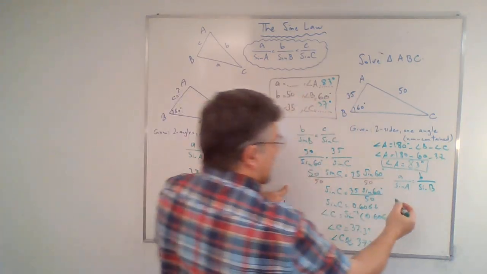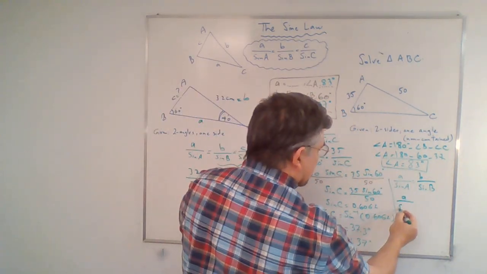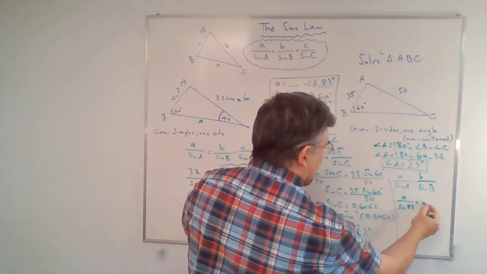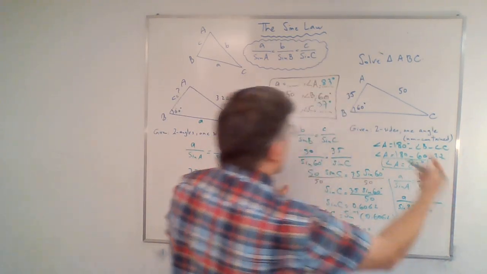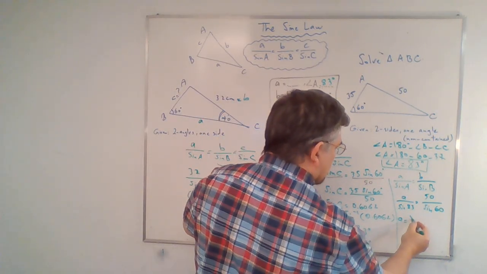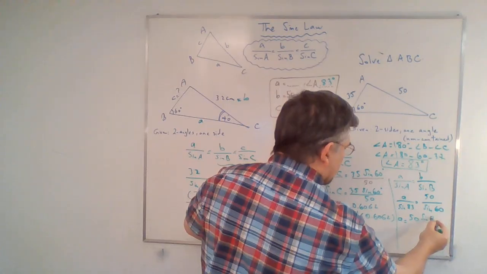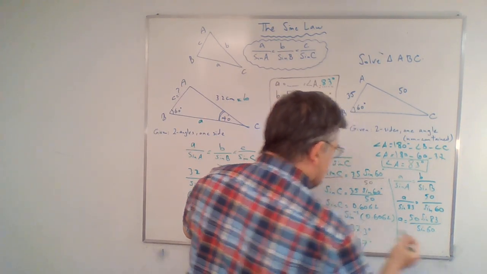So we have A, which we don't know. Sine of angle A is sine of 83. B was 50. And angle B was given to be 60 degrees. Okay. So A would be 50 times sine of 83 divided by sine of 60.